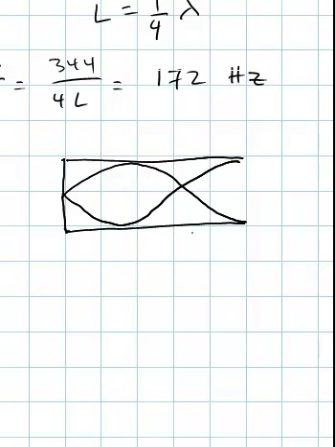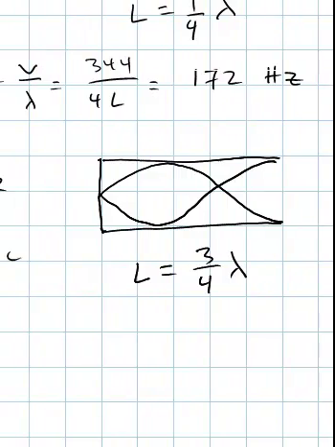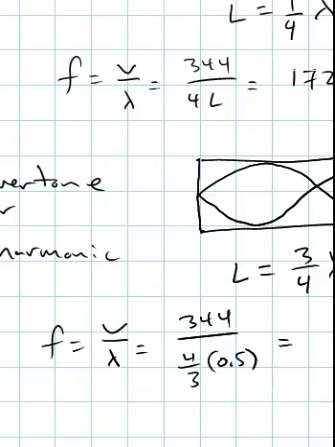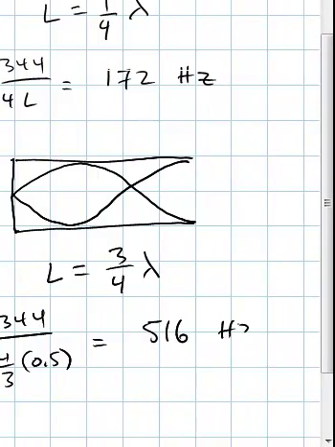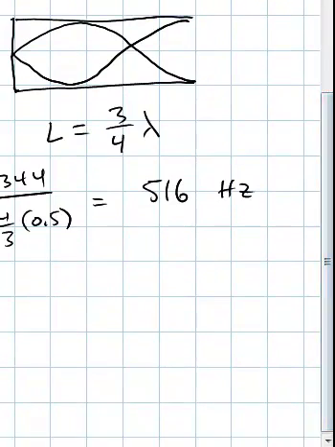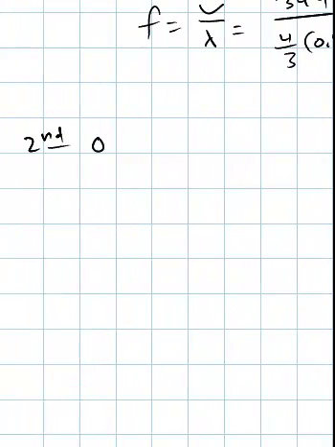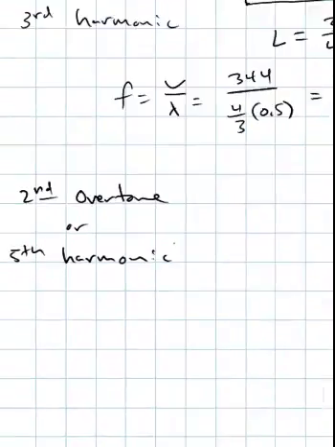So this is going to look something like this, where the length of the pipe is 3/4 of a wavelength, and that means the frequency is going to be 344 over 4/3 times a half, 516 cycles per second. And the last thing we were supposed to find was the second overtone, or the fifth harmonic.